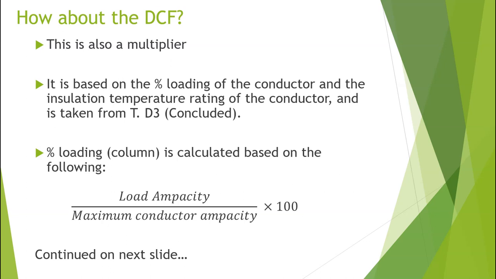And again, it's taken from table D3 concluded. So in order to do our calculation for the loading of the conductor, we are going to need 2 things. We need to know our load ampacity, which we're given as 10 amps, and then we also need to take a value out of the appropriate ampacity table for the given wire size, and that is the maximum conductor ampacity.